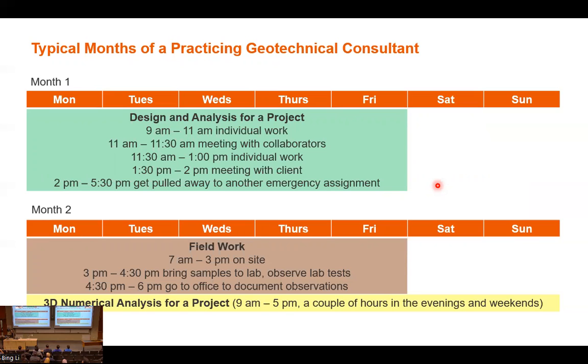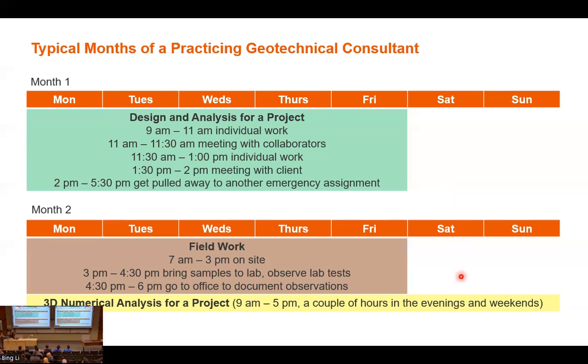You also need to meet with your collaborators to convey some of your preliminary results. You have to have meetings with your clients to convey what kind of methodologies you're using, what your preliminary results are, and what you're doing next. And maybe sometimes late in the afternoon, you may get pulled away in an emergency project that needs to be done ASAP. And I found that's the case on Friday afternoons.